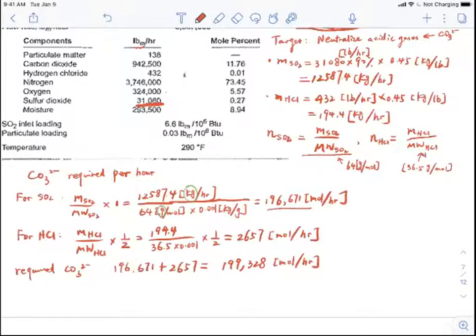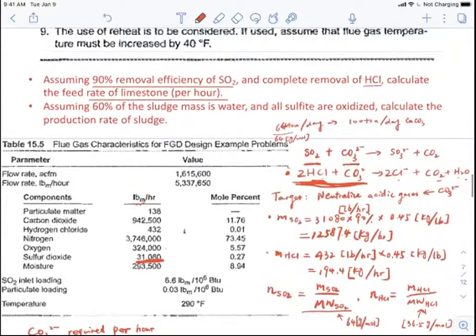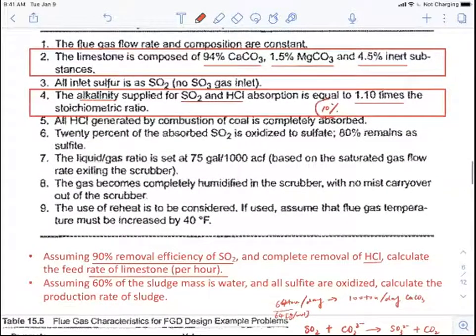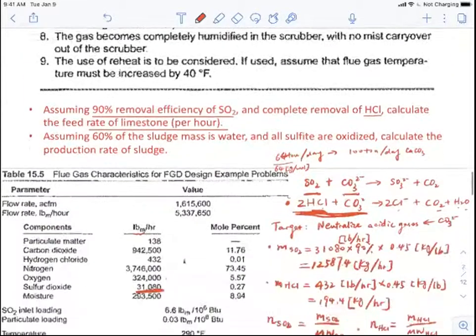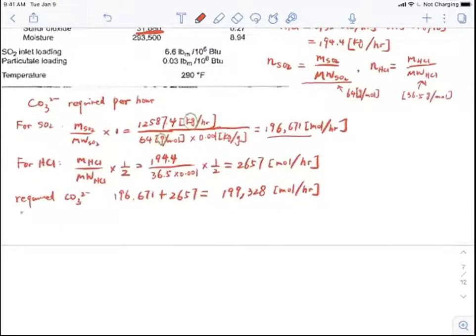For this problem, it says that in order to let it fully react, we need to provide 10% more of the carbonate ions, so 1.1 times the amount required by the stoichiometric ratio. So the actual carbonate ion that we provide to the system is going to be 199,328 multiplied by 1.1, which is 219,261 moles per hour.